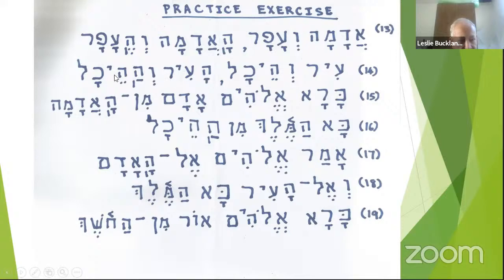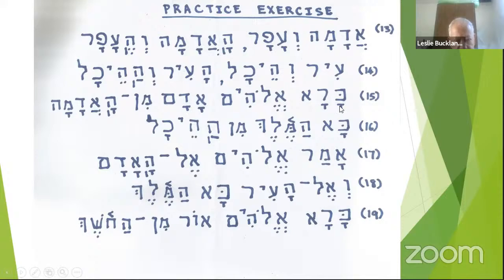Where ha-hekal. Now notice there is no lengthening of the pathach under the consonant he of the definite article, because this is a strong guttural letter, and it's like there is a dagesh forte there, a strong dagesh. So you don't lengthen this. There's no need to lengthen it. So it's ha-hekal, meaning the palace or the temple.